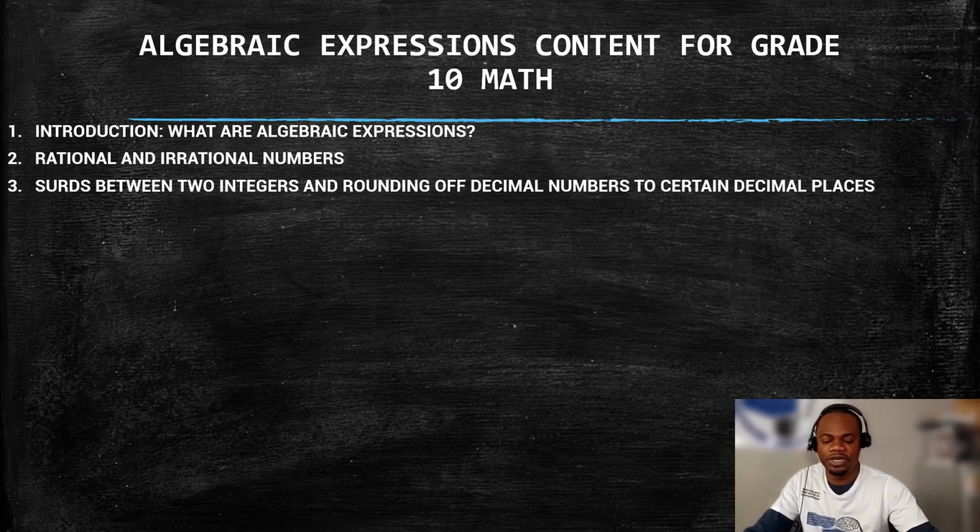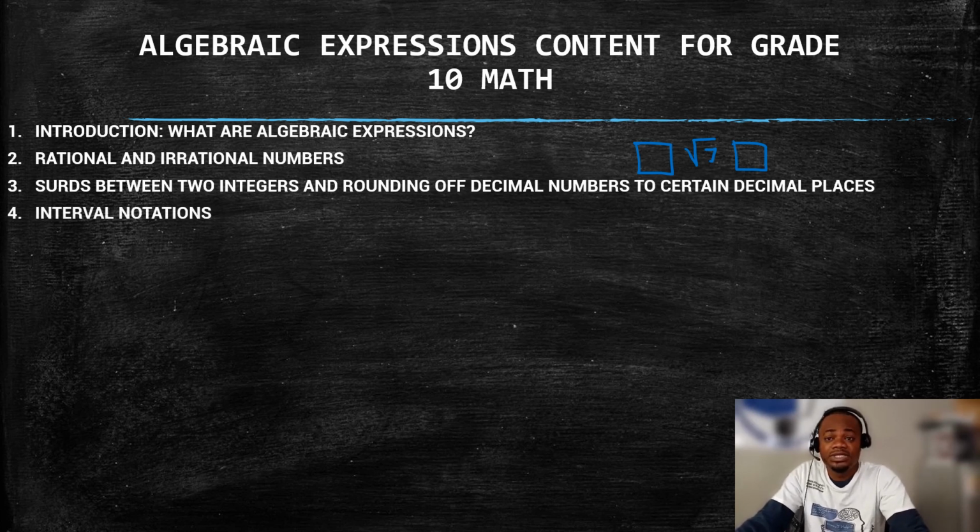Things like, if you have a square root of 7, we need to determine the integers that are on the left and right of it. Things like that. And then we also talk about interval notation. Sometimes we say the solution is x is less than -5, or x is greater than 3, stuff like that.